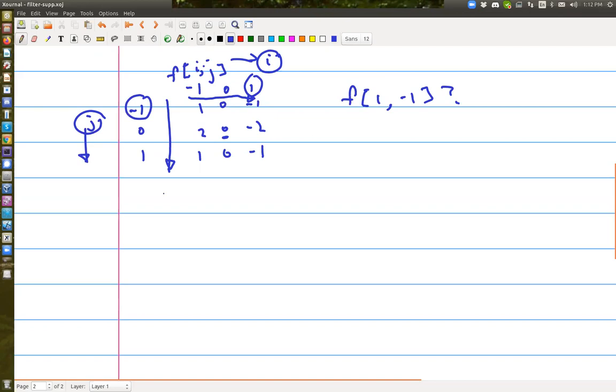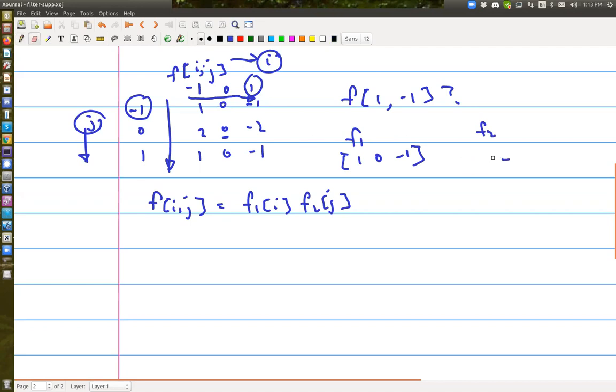Now I notice that I can decompose this Fij, in the sense that Fij is equal to, let's say I call it, F1i multiplied by F2j, where F1 is 1, 0, minus 1, and F2 is 1, 2, 1.